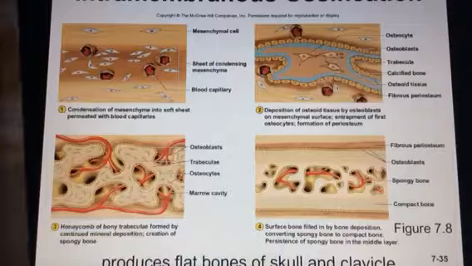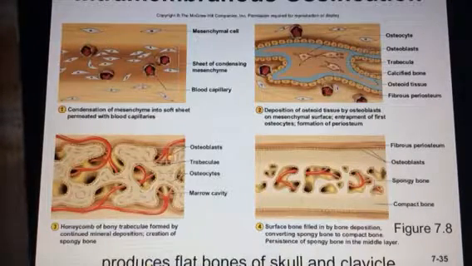Let's take a look at what that looks like. So again, the mesenchymal cells just means the embryonic connective tissue, and there's lots of blood capillaries in there, and then they deposit that calcium phosphate, and then by picture 3, it looks more like bone.